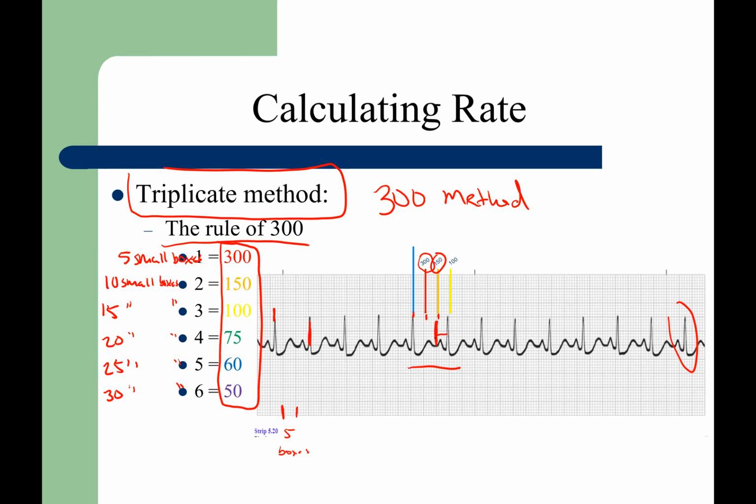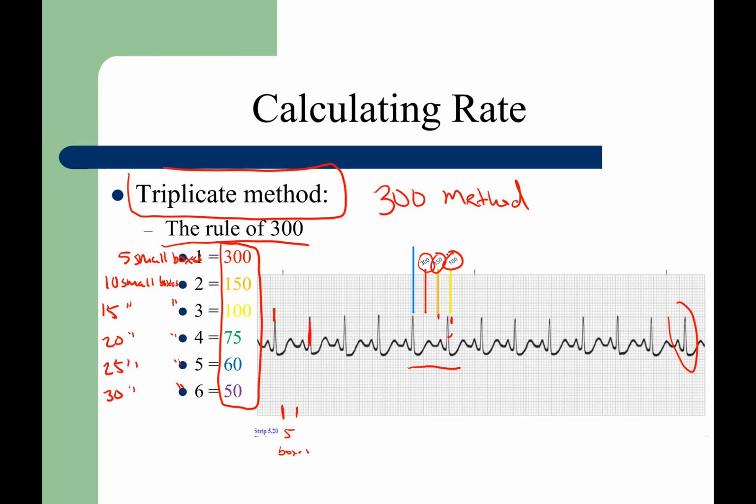But it did not. So we're going to go again. So we'll move another 5 boxes. And another 5 boxes actually lands past where that QRS is. But again, this rule or strategy says if that QRS landed 1 box back off to the right or a little bit slower, then that would be equivalent to 100 beats per minute.